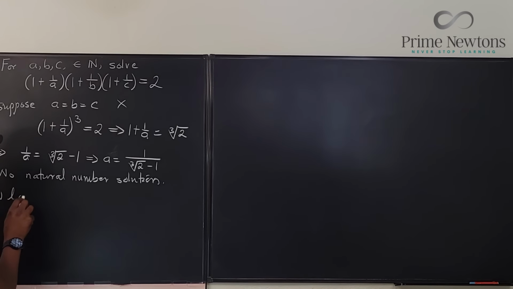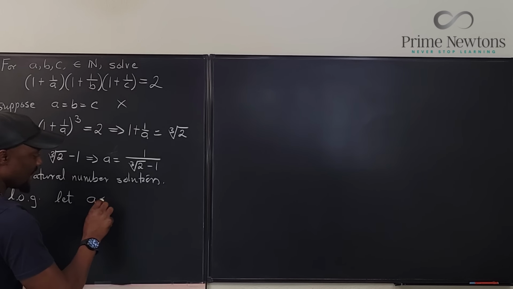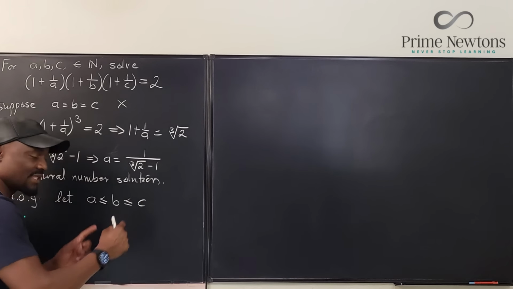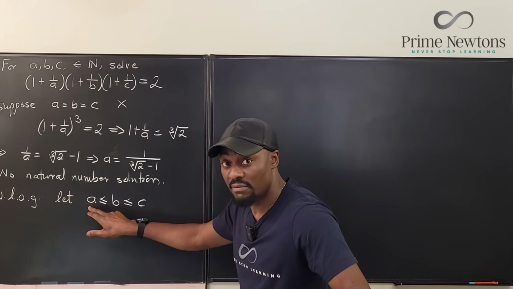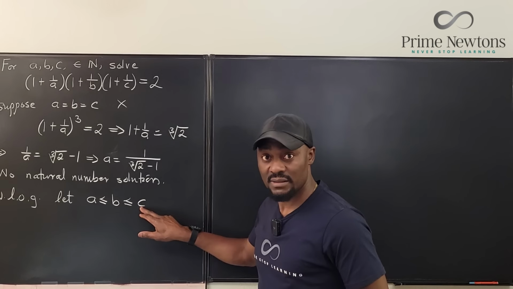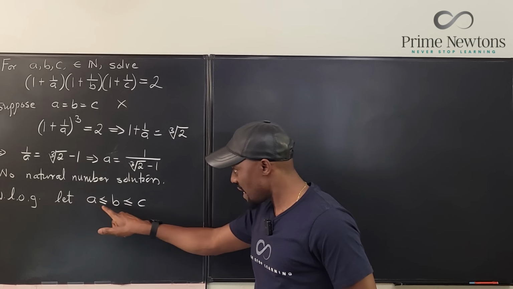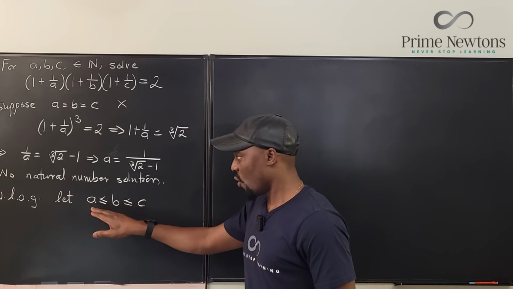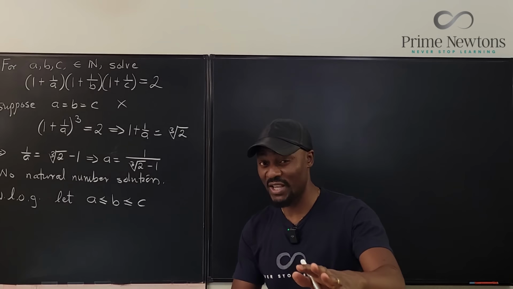Without loss of generality, let A be less than or equal to B, and let B be less than or equal to C. This is going to save us, because what we're saying now is that A is the smallest of them and C is the biggest. Since they're not all the same, it's possible that A and B are the same. It is possible that B and C are the same, but only 2 of them can be the same.